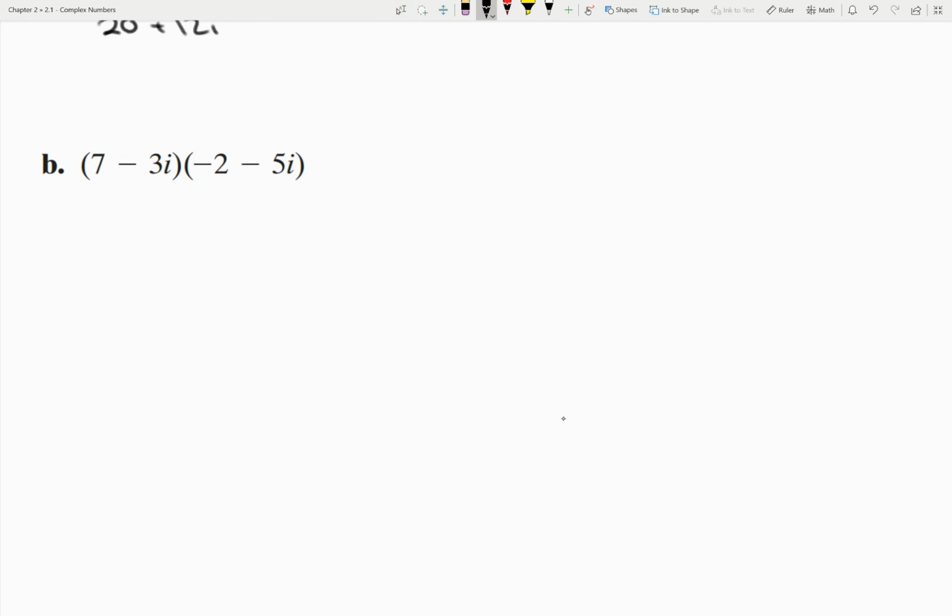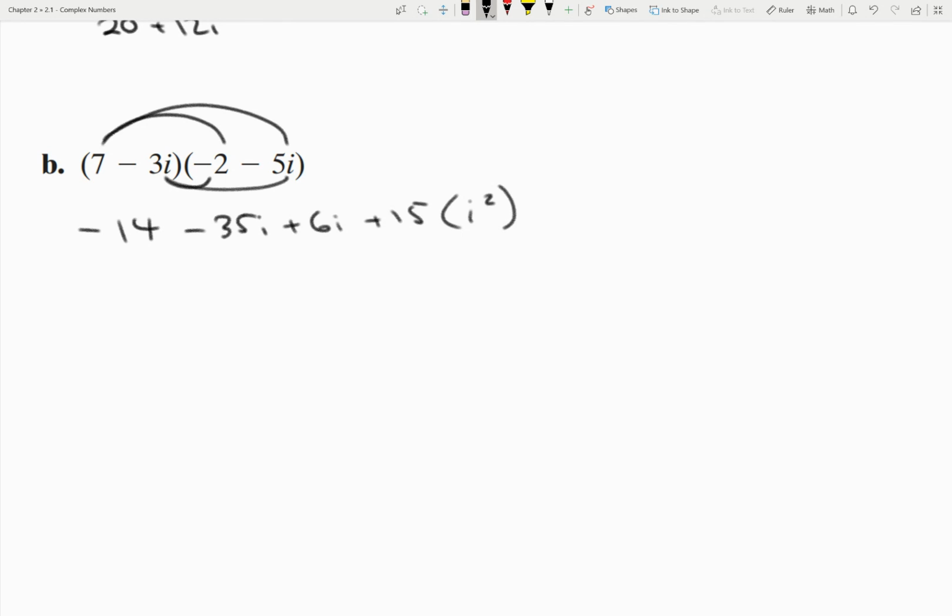Next, part B, we have 2 binomials. So let's FOIL them together. First, that is negative 14. Outside, that is negative 35i. Inside, negative times negative, that's a positive 6i. Tricky with the last one. Let's take the last one a little slower. That's a positive 15i squared.